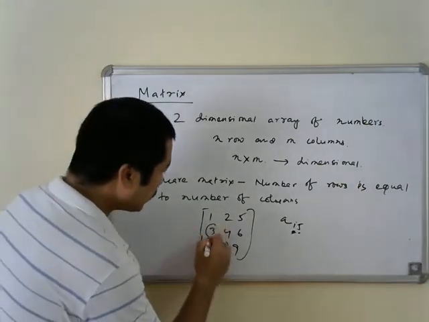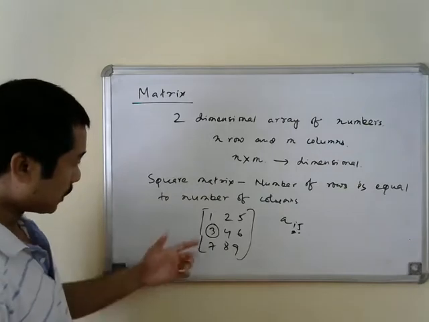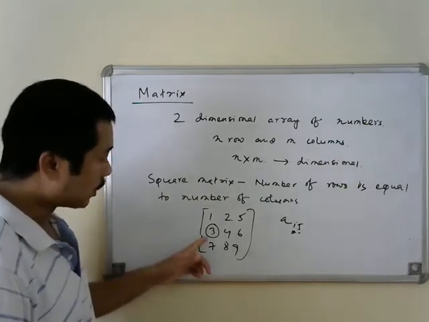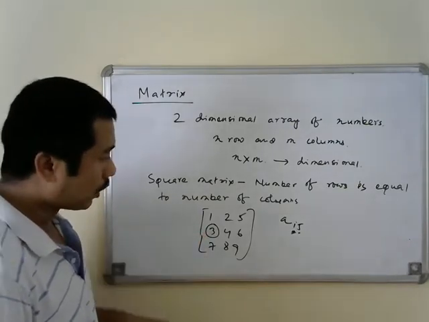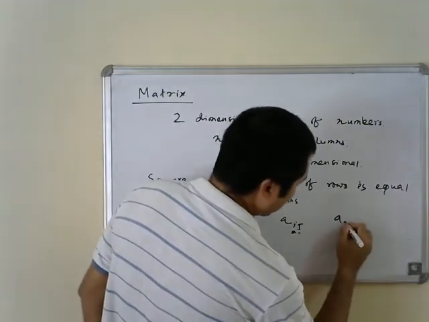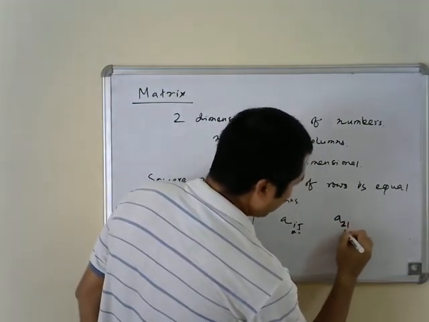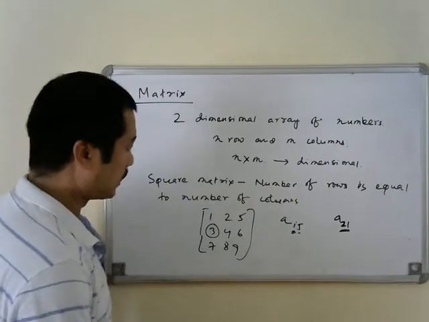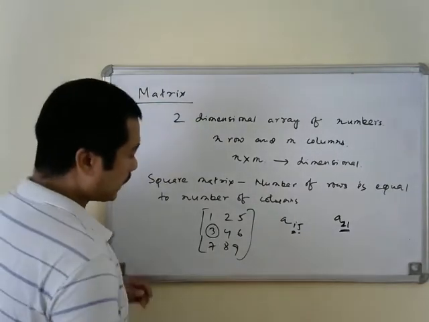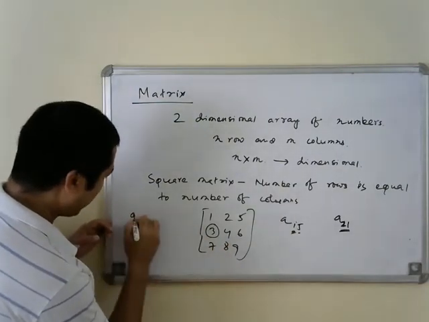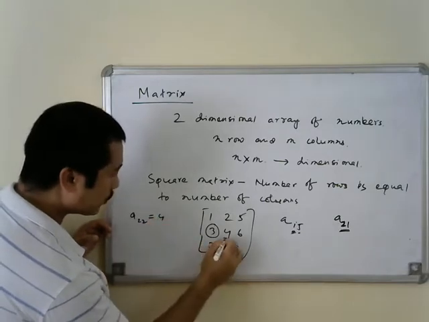So for example, if you want to describe this particular element which is on the second row and the first column, a_21 is going to be equal to 3 in this case, and similarly a_22 is going to be 4.